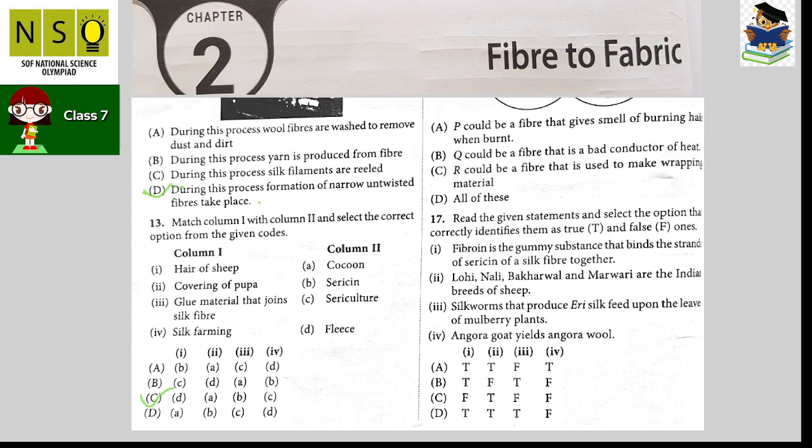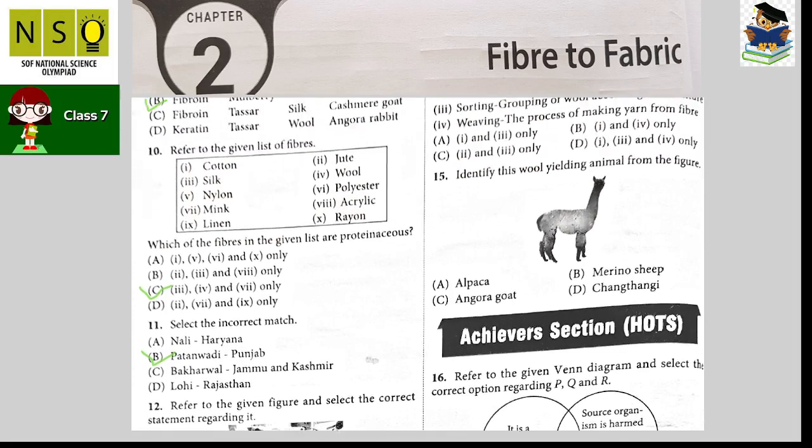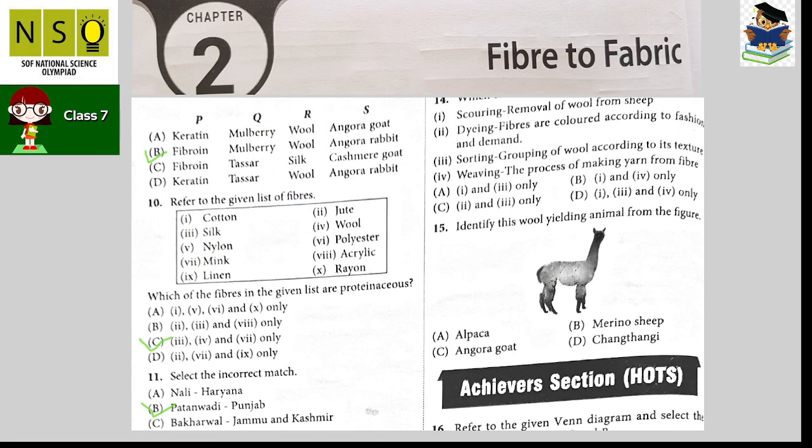Now let's move to question number 14. Which of the following is the incorrect match? Scouring, that is removal of wool from sheep. Dyeing, fibers are colored according to fashion and demand. Sorting, grouping of the wool according to its texture. And weaving, that is the process of making yarn from the fiber.